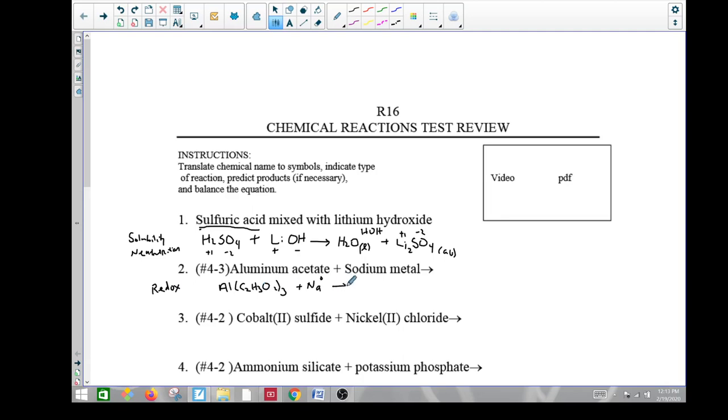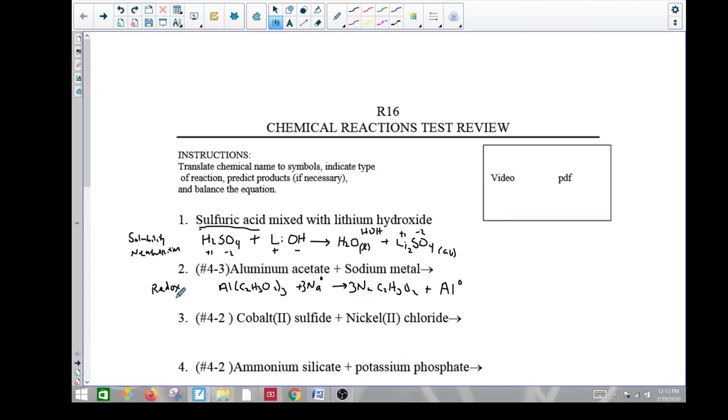Alright, and then we get NaC2H3O2 plus, now aluminum has lost its charge and will be just simple metal. Balancing here will give me a 3 here and a 3 here.